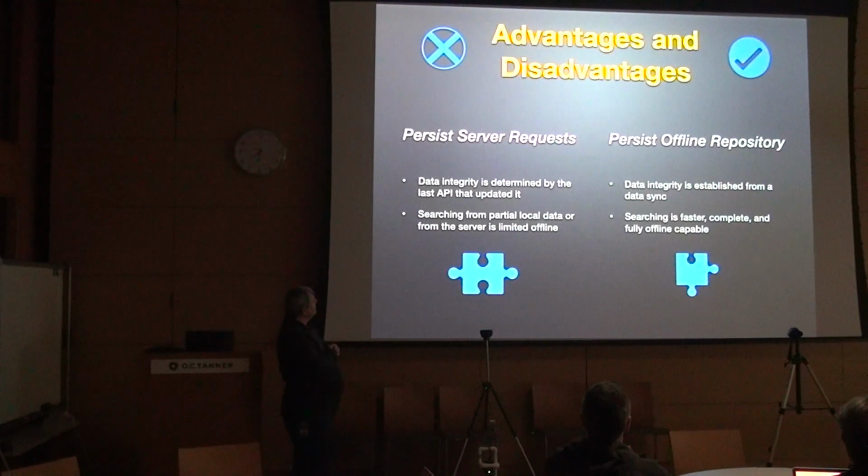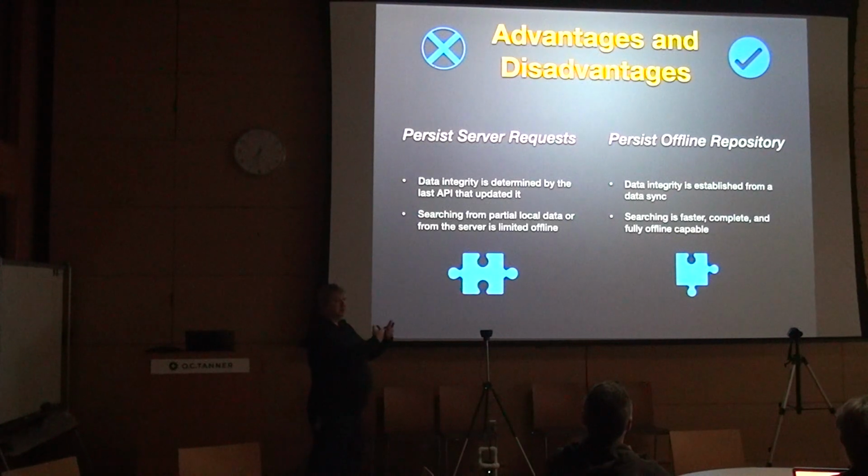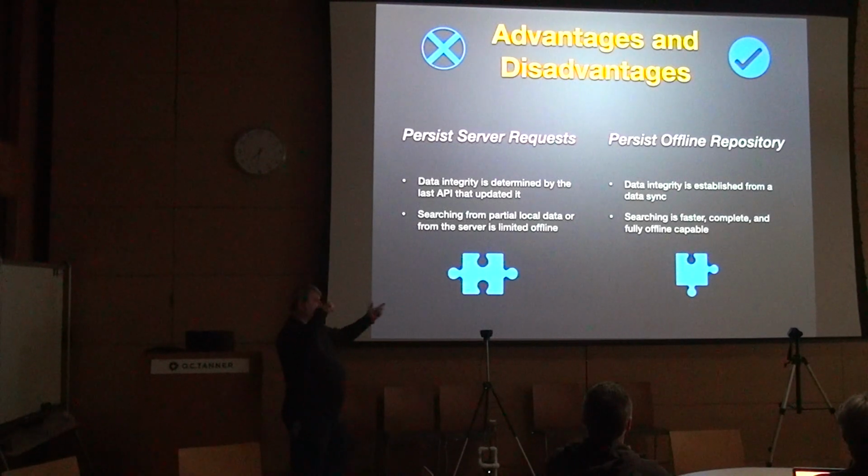So really, the data integrity that you have locally depends on the last API that updated it. If you have multiple APIs that are updating a record that you're persisting locally, who's really in charge of that? It's whichever custom API that was.